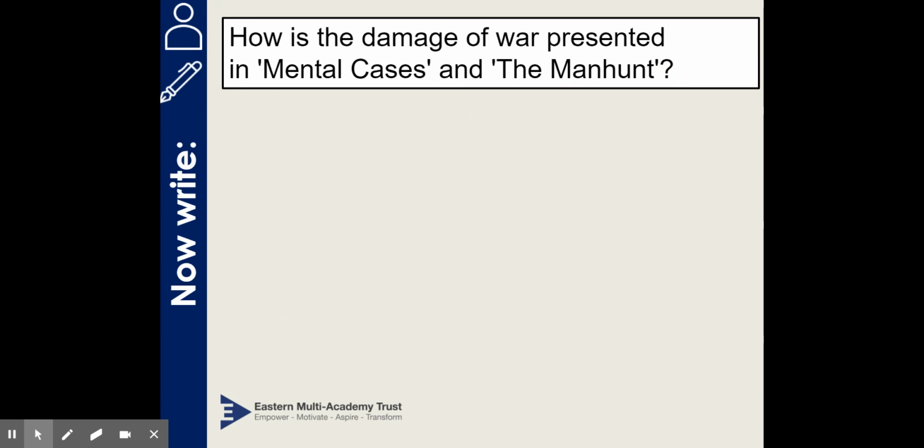So, as I said before, we are removing the scaffolding a little bit so that you can have a go at this a little bit more independently each time. So your only task for the rest of today's lesson is to have a go at writing a what, how, why comparative paragraph, comparing Mental Cases and The Manhunt, and looking at the way the damage of war is presented in both of those poems.